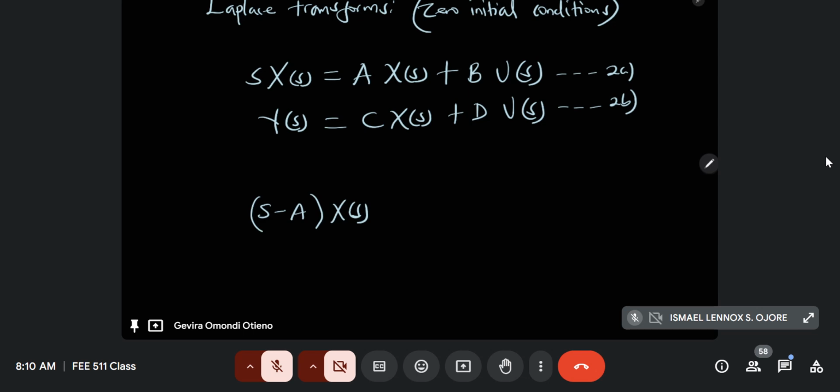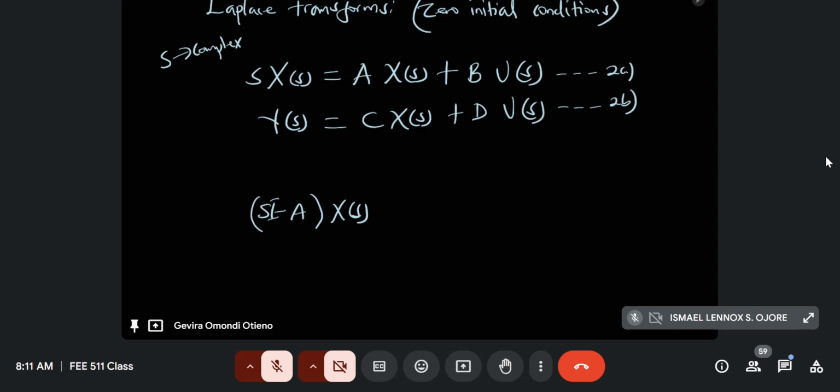Typically we would do that, okay? But because the term s is complex, we do not just subtract it, we get its inverse. So you multiply it by an identity matrix.